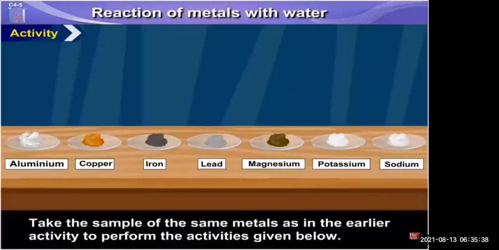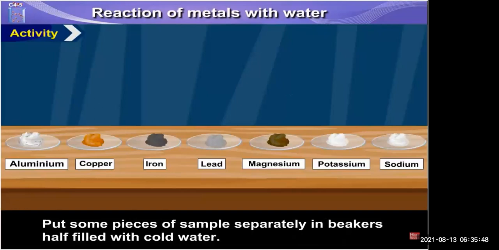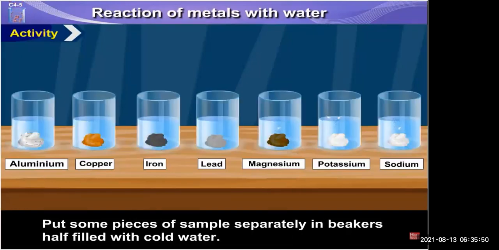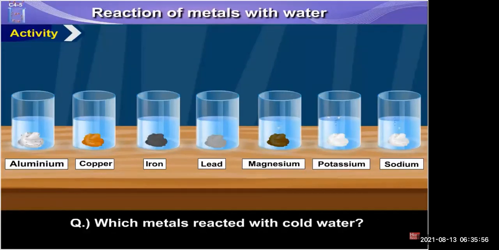Take the sample of the same metals as in the earlier activity to perform the activities given here. Put some pieces of the sample separately in beakers half filled with cold water. Which metals reacted with cold water?